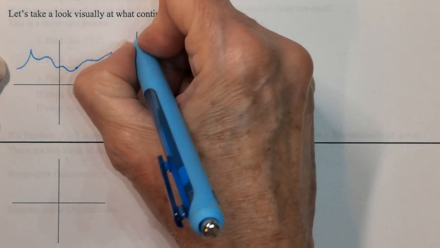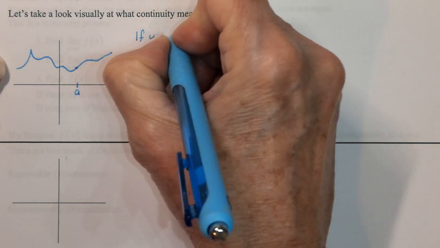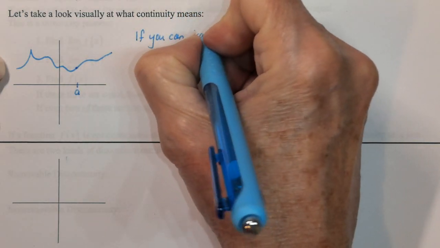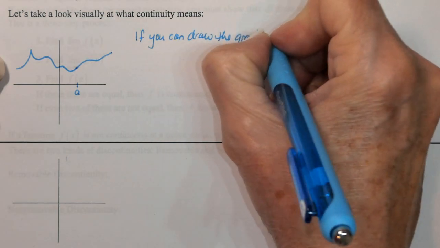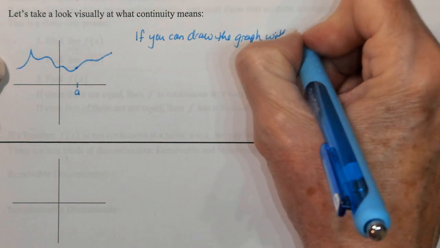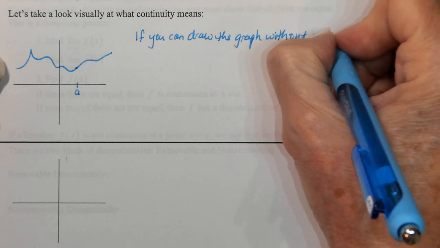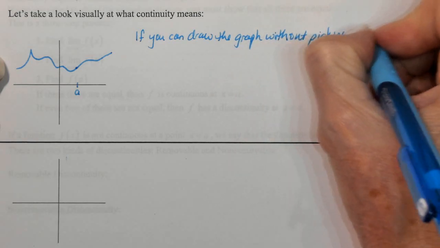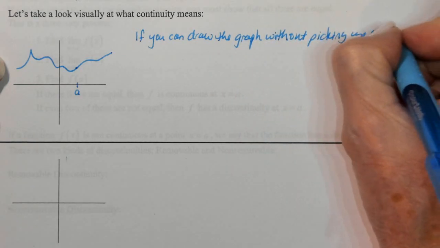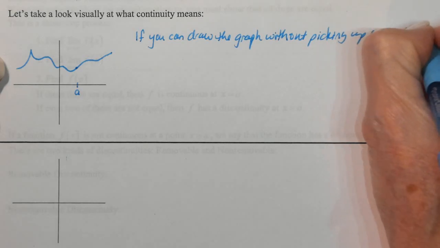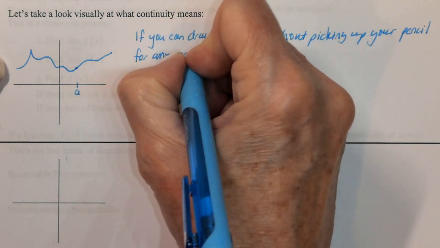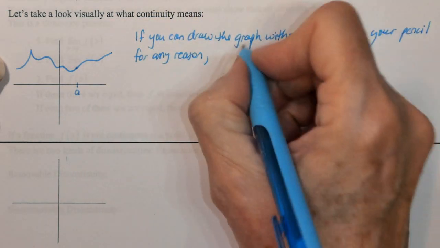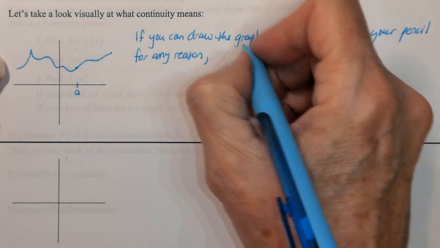If you can draw the graph without picking up your pencil for any reason, then the function is continuous.